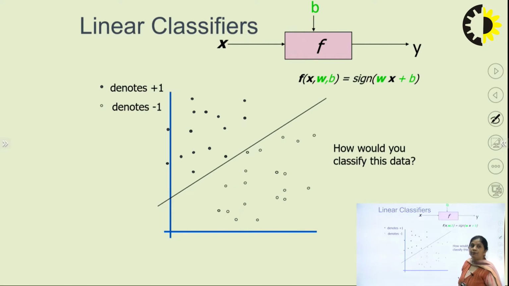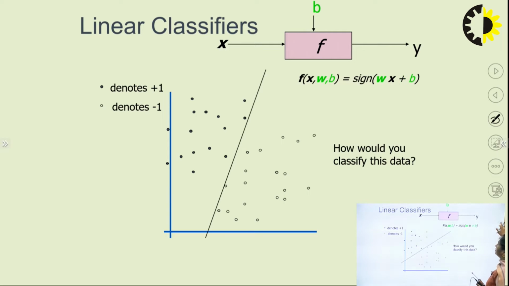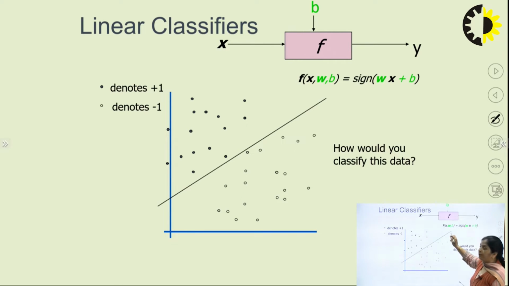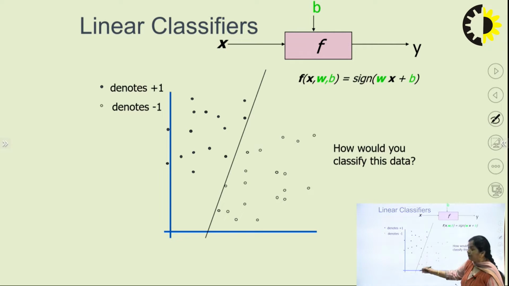This is another option, because the previous one was also drawing a boundary. This one is also considering a boundary, and it is also able to divide the two classes into different sets. It is a separating hyperplane.